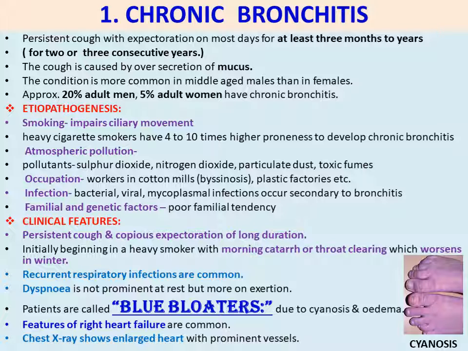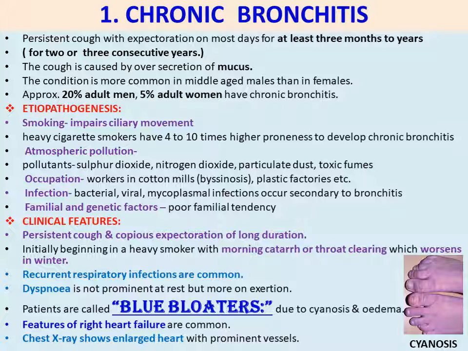And etiopathogenesis. Smoking is the major etiologic factor and impairs ciliary movement in the lungs. Heavy cigarette smokers have 4 to 10 times higher proneness to develop chronic bronchitis. Second parameter, atmospheric pollution.